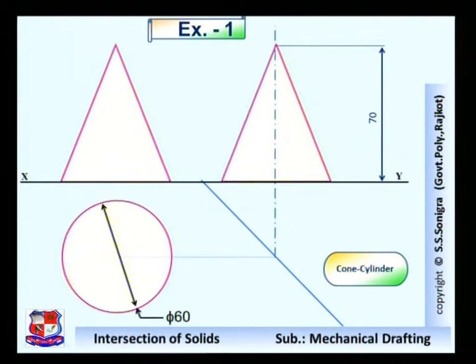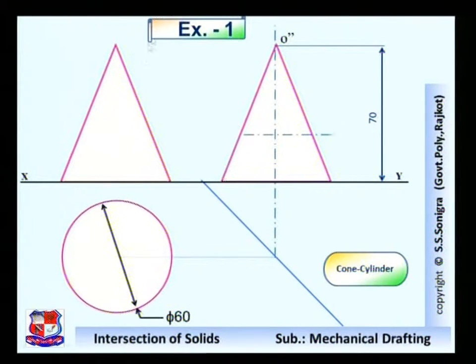Then draw its front view. In the front view also it would appear as a triangle with height 70 mm and width equal to the diameter of this circle, that is 60 mm. So these are the three views of this given problem.